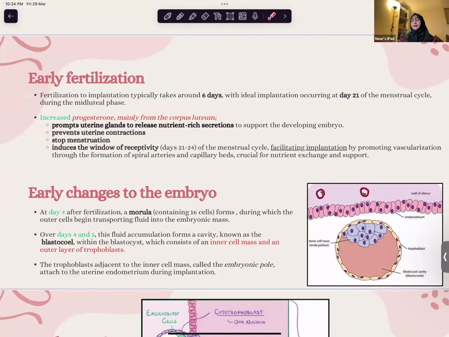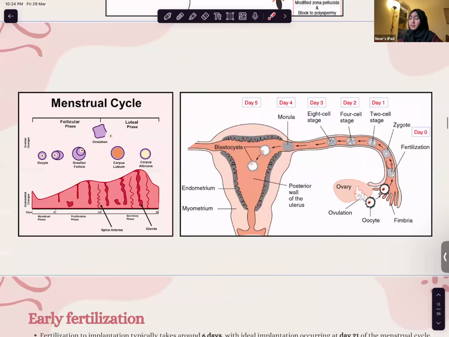Talking about early fertilization, what happens? Fertilization to implantation takes typically around 6 days. Let me repeat my point. How does it take 6 days? Remember when I told you starting from day 14, implantation is at 21 to 22 days?